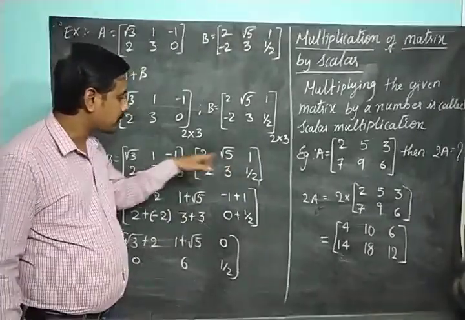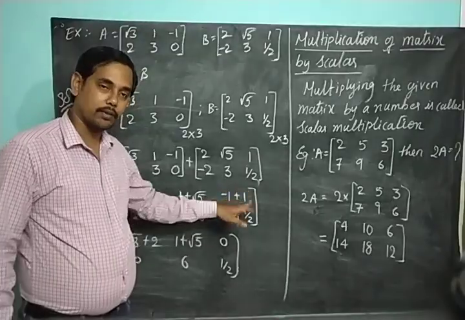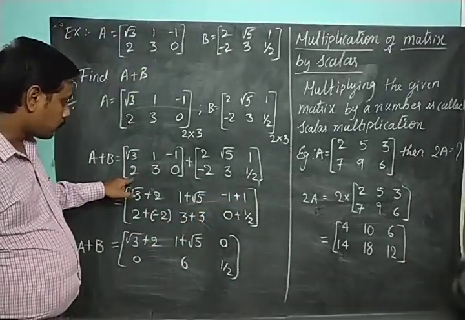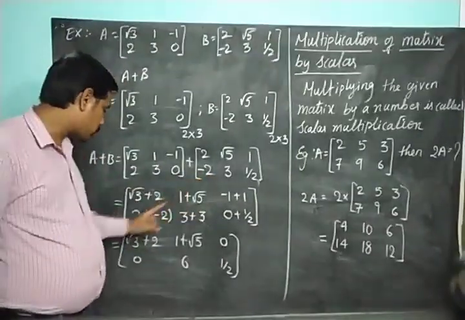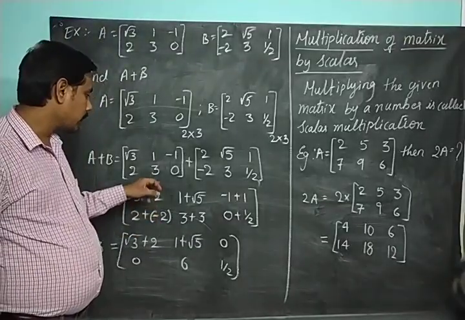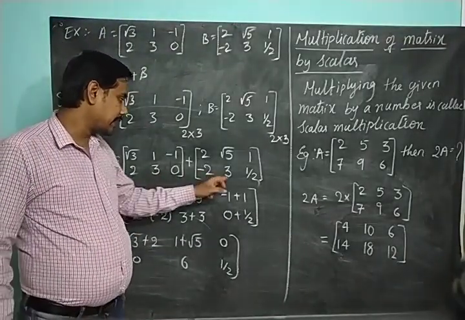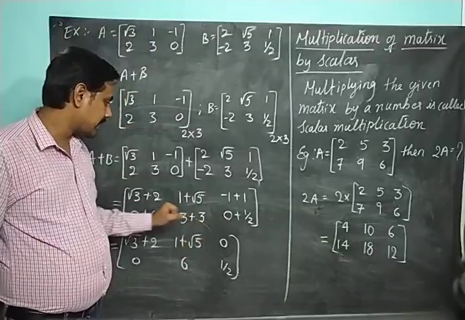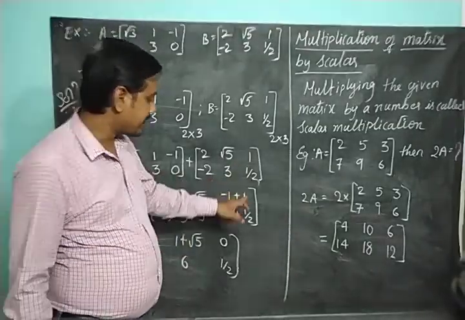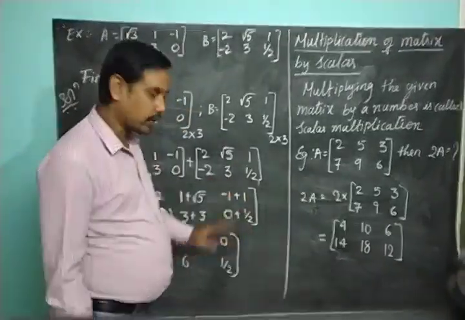The corresponding element of minus 1 is plus 1 here, so minus 1 plus 1. For 2, the corresponding element is minus 2, so 2 plus of minus 2. For 3, the corresponding element is 3 only, so 3 plus 3. For 0, the corresponding element is 1 by 2, so it is 0 plus 1 by 2.